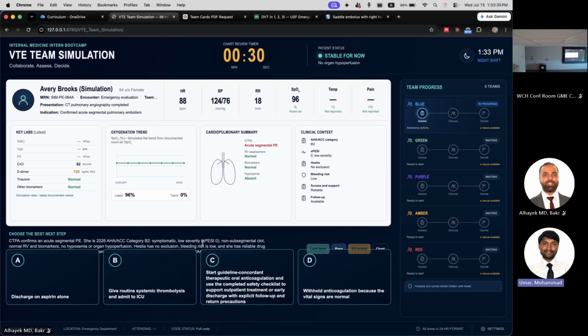No RV strain, negative biomarkers, no hypoxia, hypoxemia, or organ hypoperfusion. So what is next? Discharge on aspirin, give routine thrombolysis and admit to ICU, start oral anticoagulation based on the guidelines, or withhold anticoagulation because the vital signs are normal.